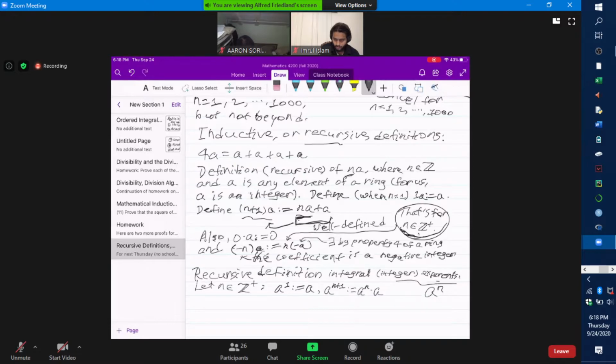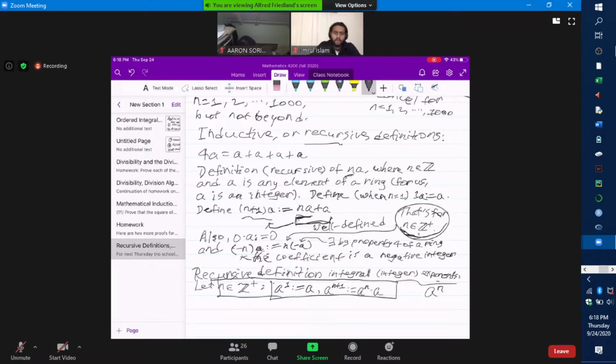And by closure under multiplication, this is defined: if a to the n is defined, then a to the n times a is well defined. And so this gives us an inductive definition of a to the n, where n is a positive integer. So that's the whole definition when n is a positive integer. We'll get to the other cases in a moment.